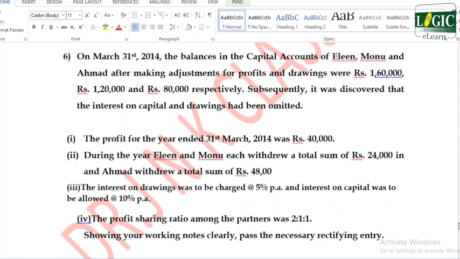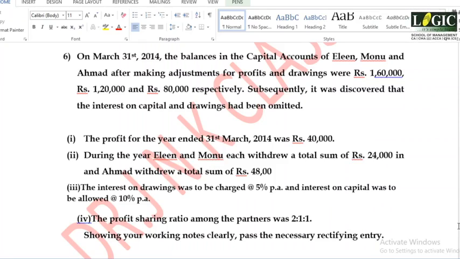So the last question relating to this chapter. On 31st March 2014, the balances in the capital accounts of Aileen, Monu and Ahmed after making adjustments for profits and drawings were rupees 1,60,000, 1,20,000 and 80,000 respectively.